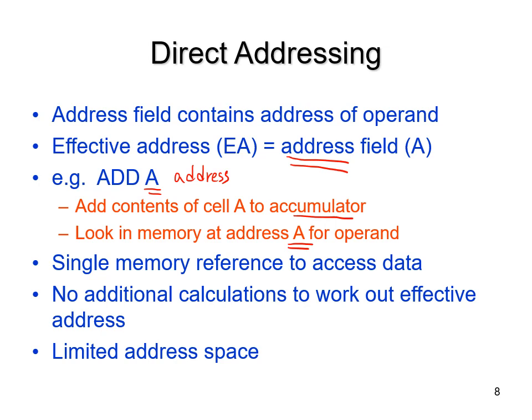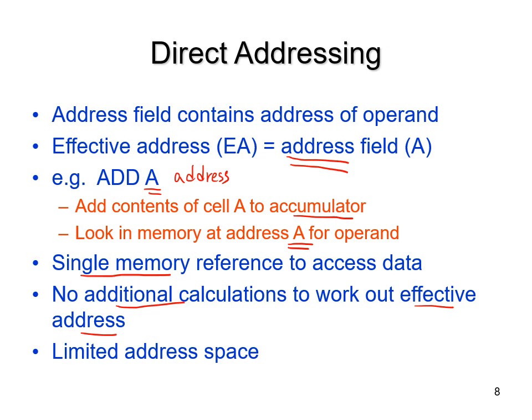So using the direct addressing, you have a single memory reference. And it should still be fast because you do not require any additional calculation of the effective address, because later you may see that we have other addressing modes that require calculations of the effective address.